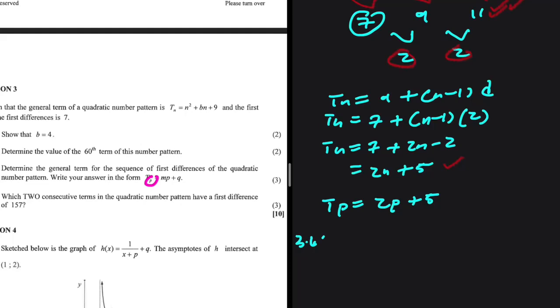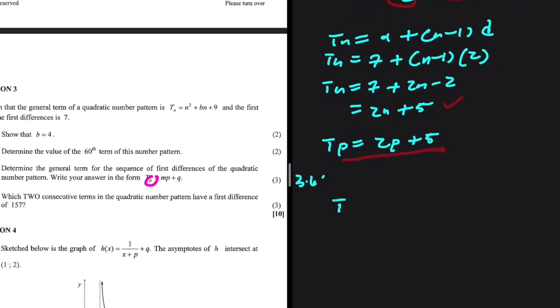This is a very common question. Well, we have the formula for the first differences. So we can find the position of 157 in the pattern of the first differences. So Tp is equals to 2p plus 5. And in which position is 157 situated? 2p plus 5.